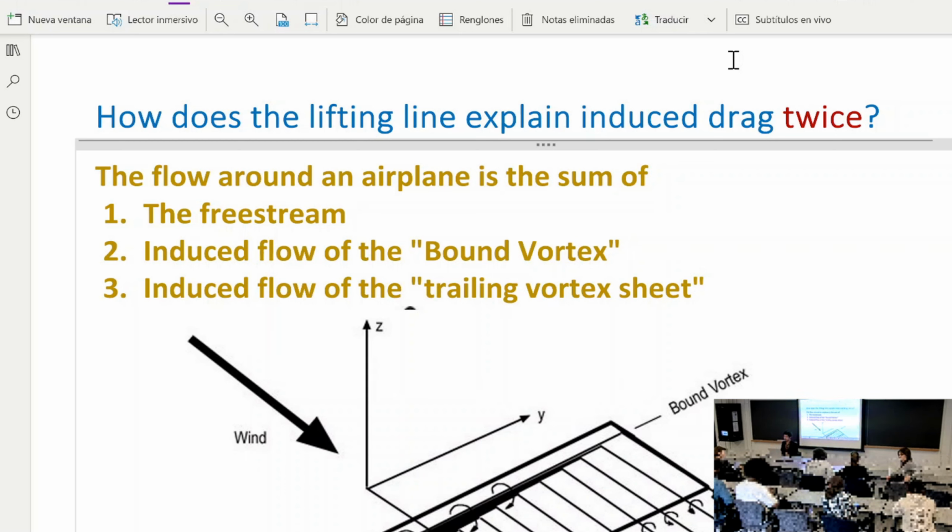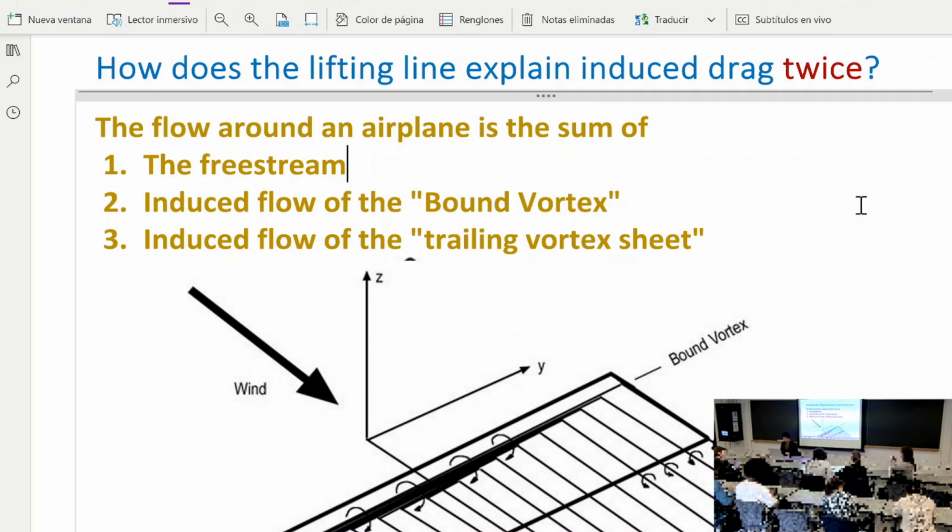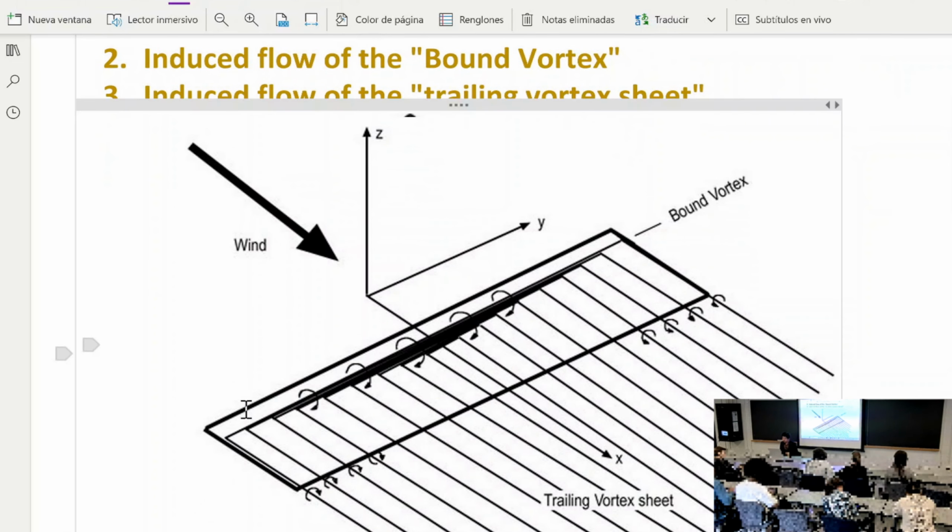The second time is what we discussed on Monday. If you look at the effect of all the vortices, not only the trailing vortices but also the bound vortices, though in this specific case where the wing has no sweep, you only have to look at the trailing vortices.